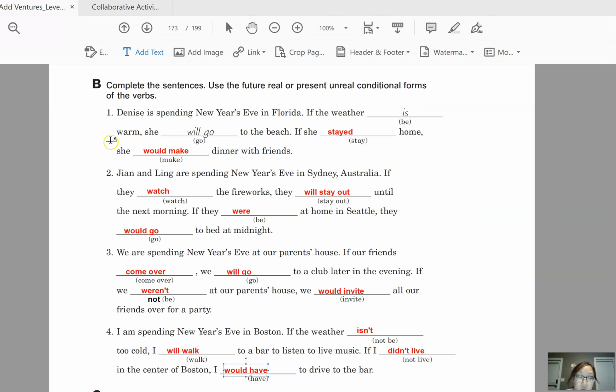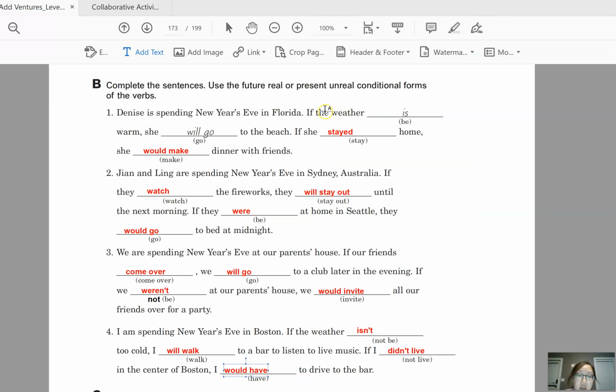So, if the weather is warm, what will she do? You can also say, what will she do if the weather is warm? Which is probably what you're more familiar with, since it begins with a question word. But of course you can also say, if the weather is warm, what will she do?